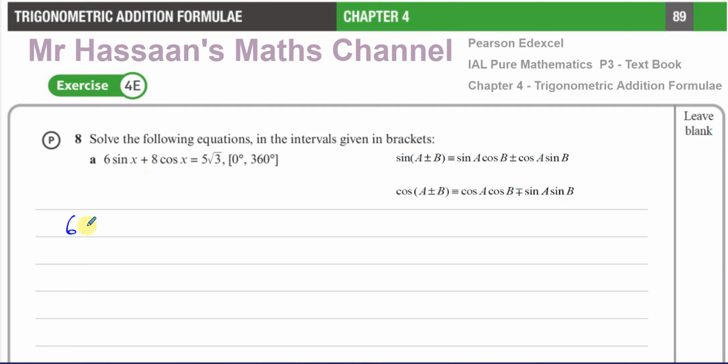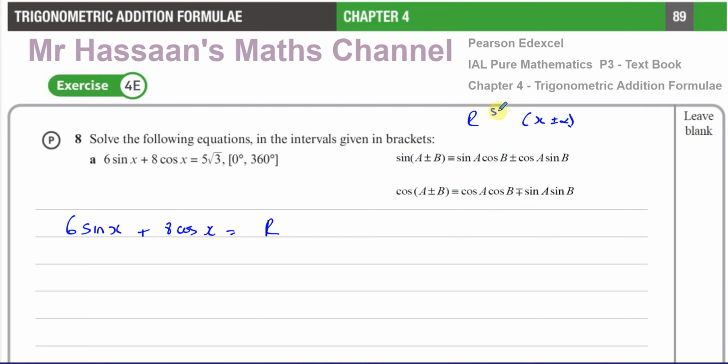So we've got 6 sine x plus 8 cosine x equals, and now we want to rewrite this in the form of one of these. So you're going to have r. As I mentioned, if we take it the way it is now, the x refers to the angle A, because we're going to end up with r sine or cosine of x plus or minus alpha.